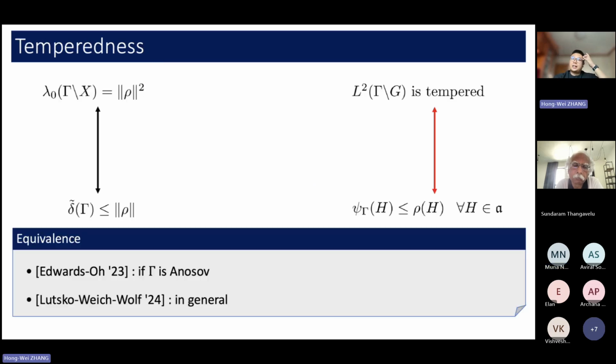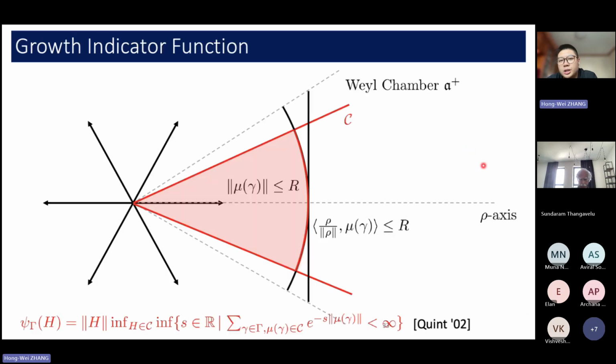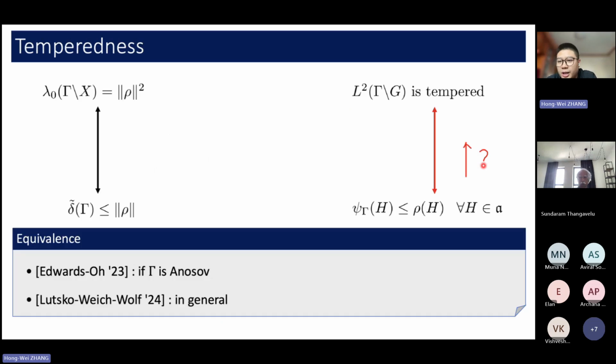Okay. So other progress was made by Edwards and the famous mathematician He-Oh. They proved that, as I explained in rank 1, from above to below we can get it immediately by definition. But from below to above was a hard question, a conjecture for a long time.